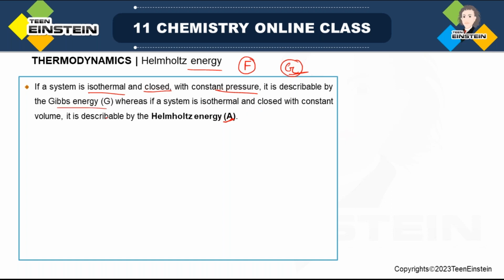But suppose it is still isothermal and closed, but not constant pressure. Instead of constant pressure, now the condition is constant volume. So when the condition is changed from constant pressure to constant volume, we cannot use G and we will use this new state function, Helmholtz energy, denoted by capital A.